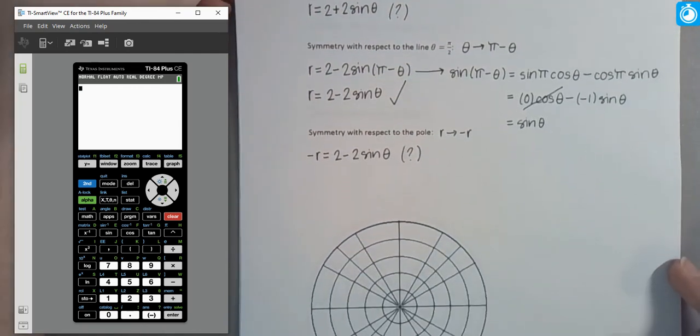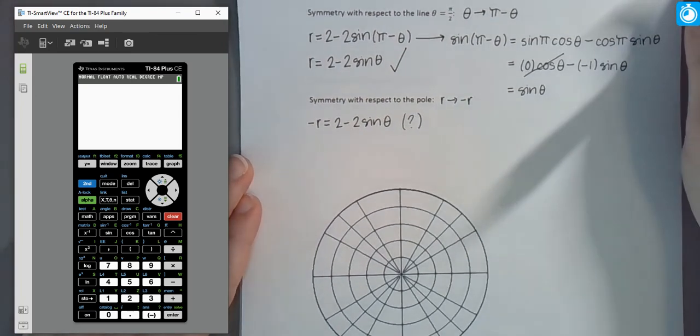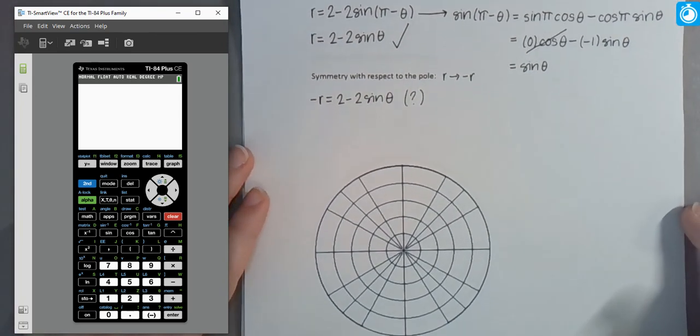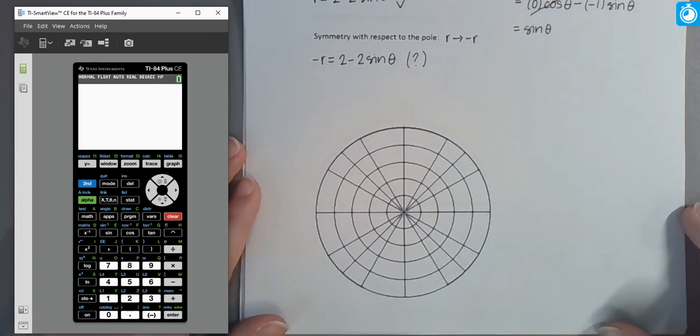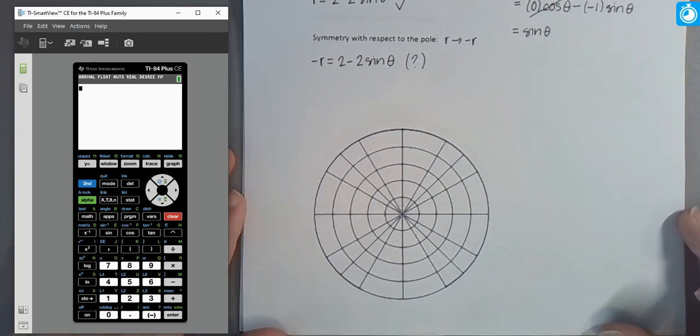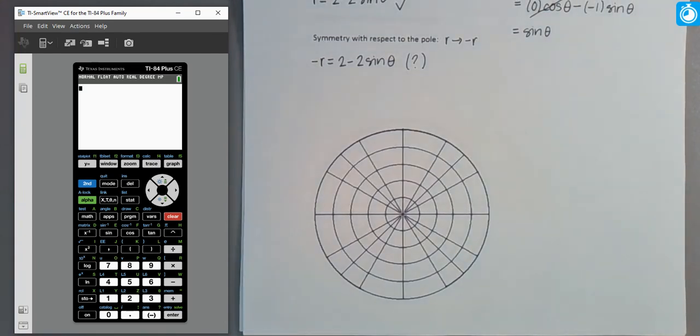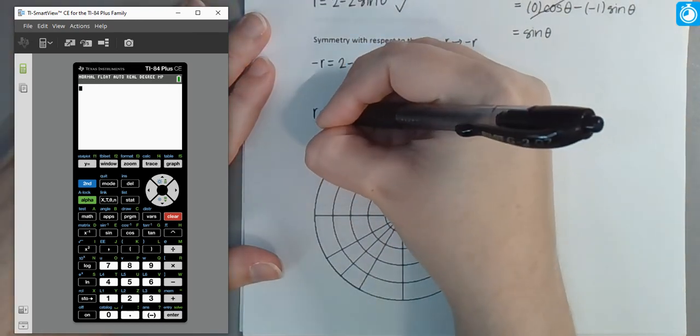Okay, so now we're going to plot points, and using the result from that symmetry test, we're going to see if we can find a little bit of a time savings and not have to plot as many points. So again, starting at theta equals 0, and we're going to graph with theta in degrees just so it's easier to type into the calculator. Let's make a note of what we're graphing since I've moved the sheet.